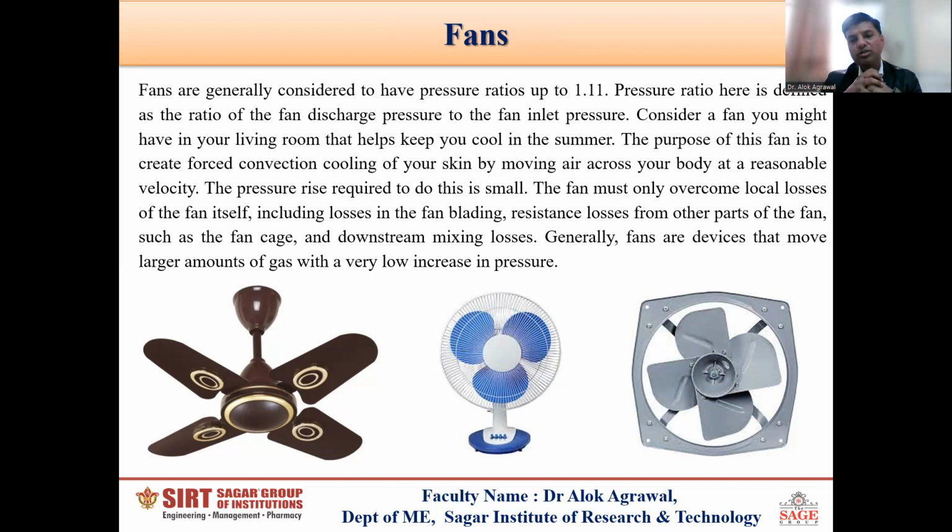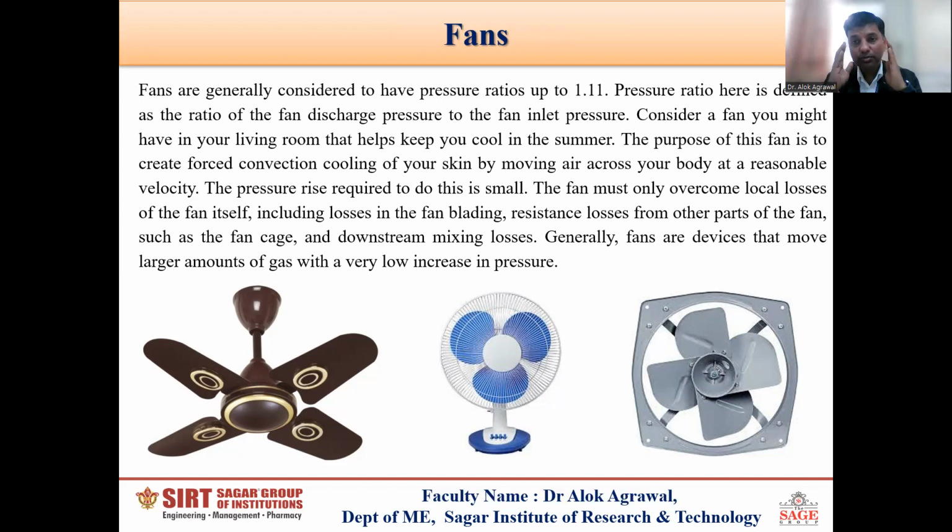So the resistance losses in a fan are very low. But if you go for a table fan, the resistance losses will increase because it is surrounded by a cage. Again, overall, the fan is a device used where the loss of energy is very low, so we can use it for increasing very low pressure.